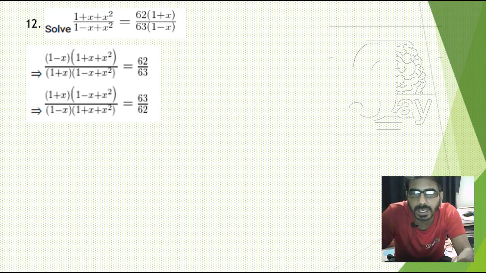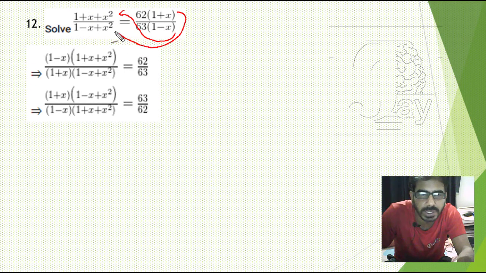So this 1 minus x goes to the numerator there, and this 1 plus x goes to the denominator here. Okay, so this is multiplied by 1 plus x, and this is multiplied by 1 minus x. And we know that this is some identity, if you remember.